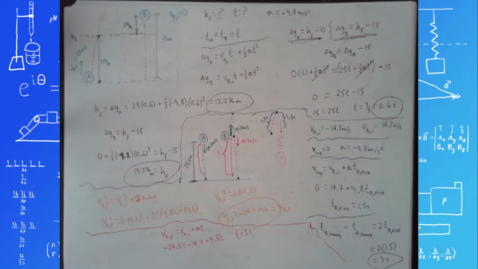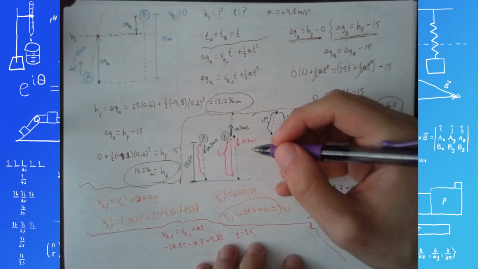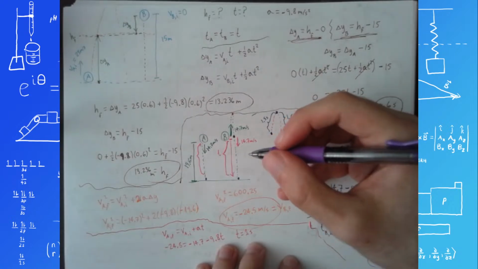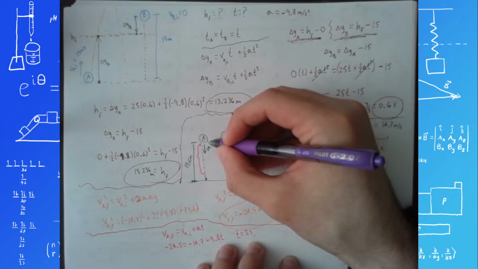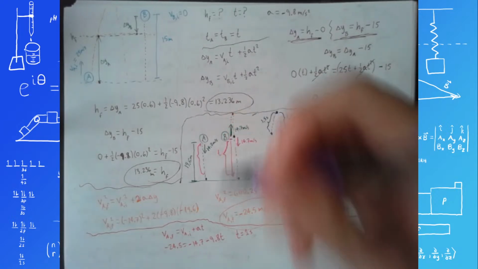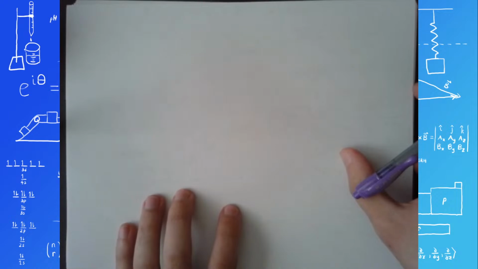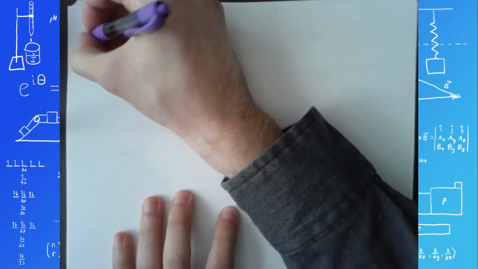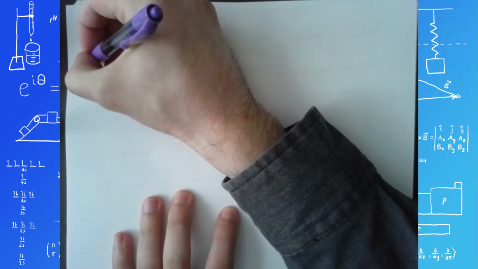So where do I want to do this? Yeah, let's start this on a new sheet. Well, I don't want to have to redraw the same. Okay, fine, we'll redraw it. So they both start at 19.6 meters high.